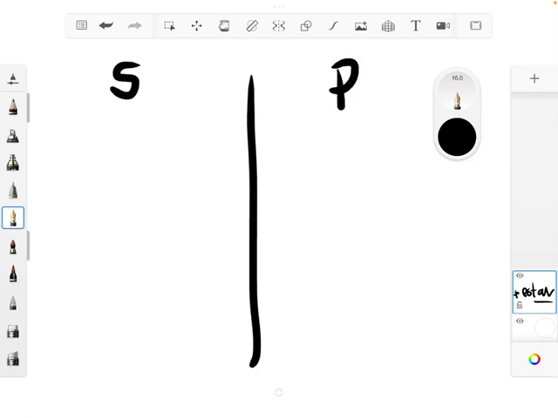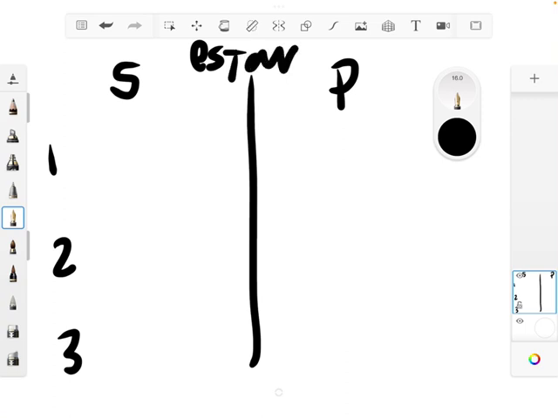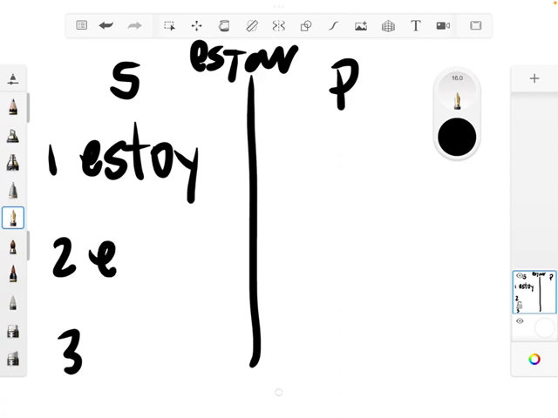And remember, whenever I draw this, the S stands for singular, the P stands for plural, and then first person, second person, and third person. So first person singular, yo estoy. Second person singular, tú estás.